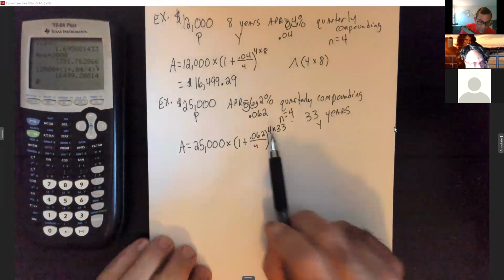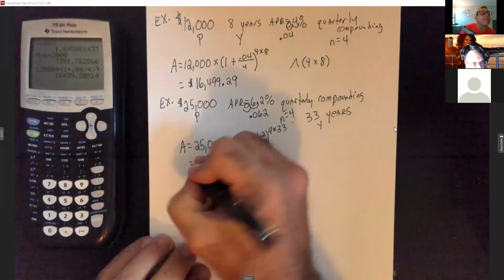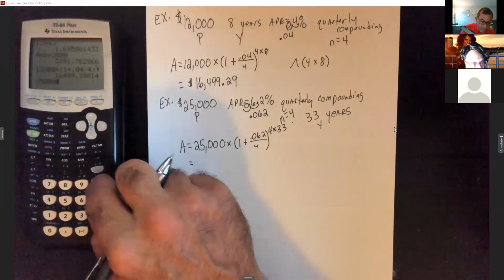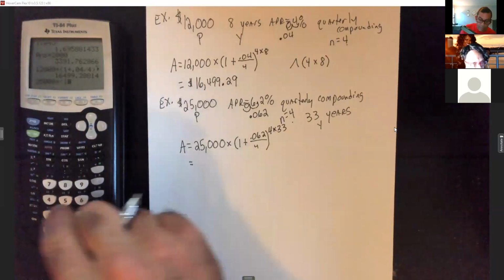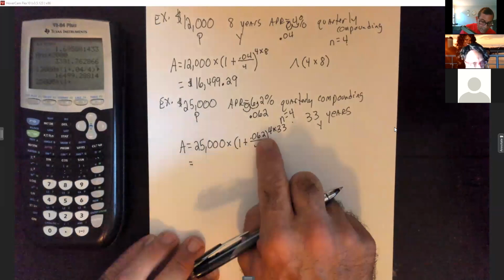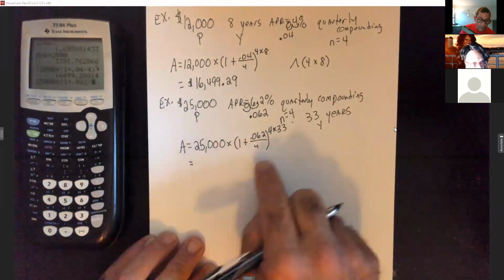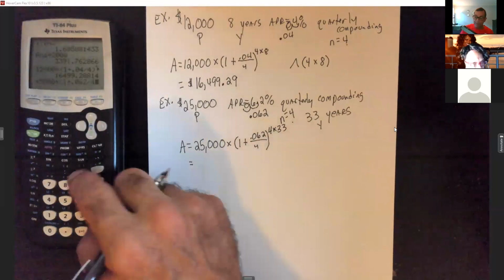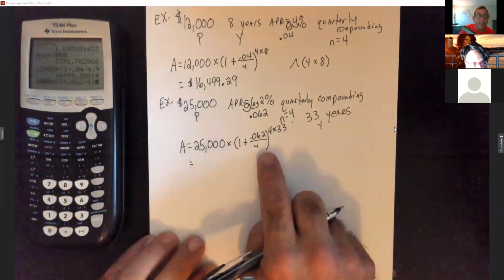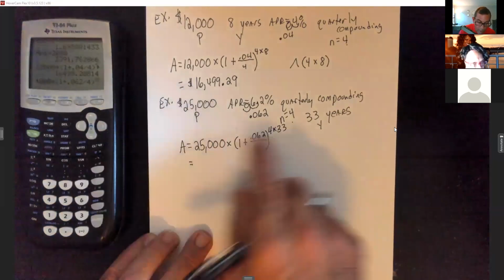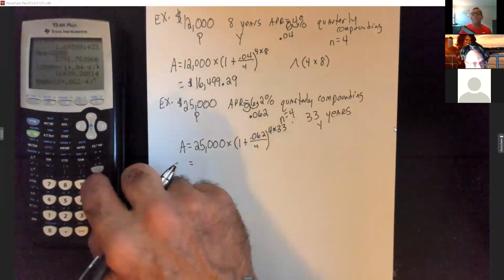All right, so here we go. We would punch in 25,000 times parenthesis 1 plus 0.062 divided by 4, close our parentheses, and then we do our exponent with the caret key, and that's 4 times 33.